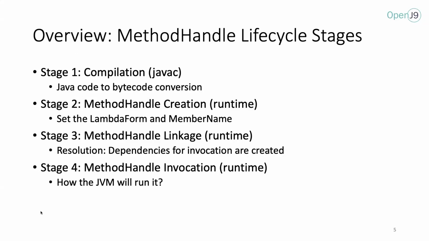In stage 3, we looked at linkage, which creates the dependencies that are needed to invoke or execute the method handle. And in stage 4, we showed how those dependencies were used to execute or run the method handle.